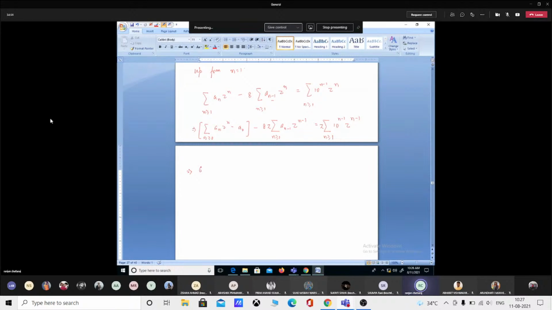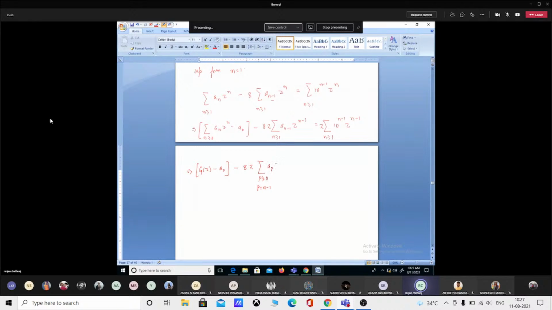So this is nothing but G(z) minus a_0. The value of a_0 is given, it is 1. So here you can write the 1 also, minus 8z. Now n minus 1 is p, then p greater than or equal to 0.